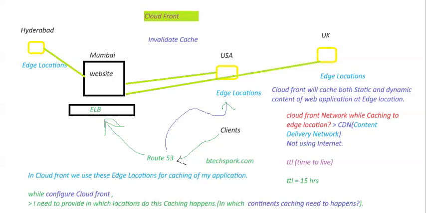For the TTL amount of time it will hold the data. Okay. So if anybody asks you which type of data these edge locations will hold, which type of caching data will these edge locations hold while you are using CloudFront, then what is your answer? Your answer must be both static as well as dynamic content of my website.